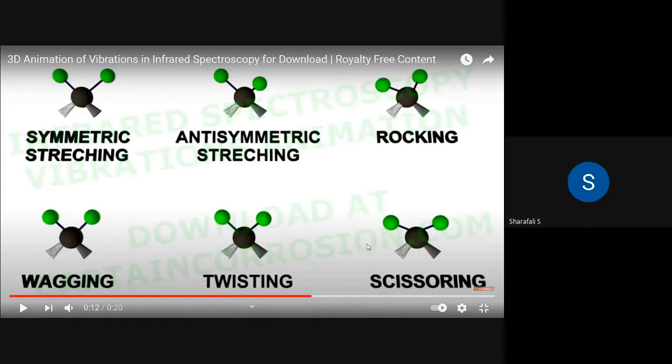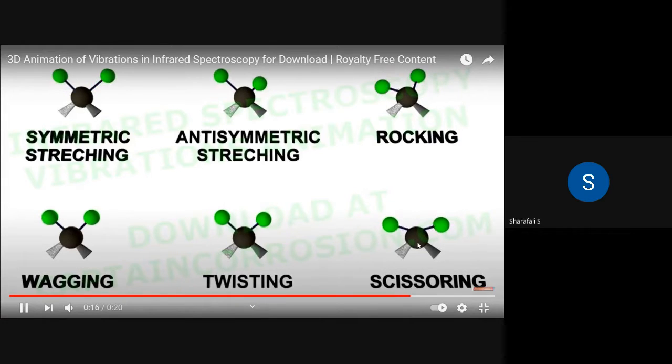Then scissoring: you can see it goes like a scissor. The central atom is fixed, so these two atoms come close to each other and then go away from each other. Such kind of vibration is called scissoring. So this is another kind of bending mode vibration.